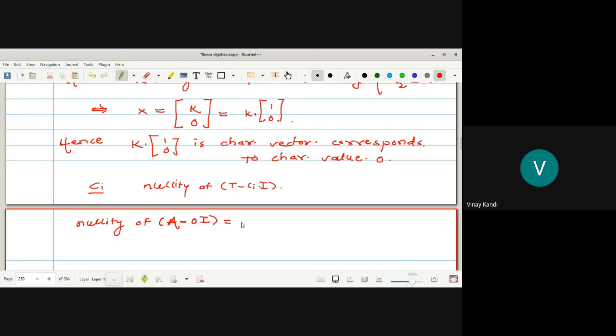This is 0 1 0 0 minus the null matrix, which is equal to 0 1 0 0. What is the nullity of this matrix?